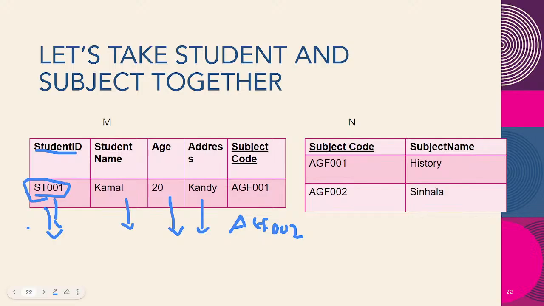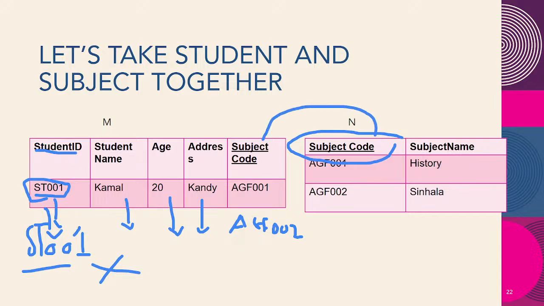If you put the same details, ST 001, you have to type it again, but you can't do that because this is a primary key. A certain value can occur only once. So you can't put this column here.